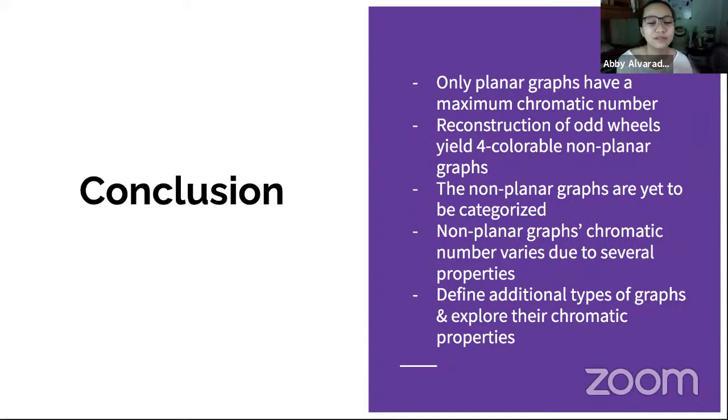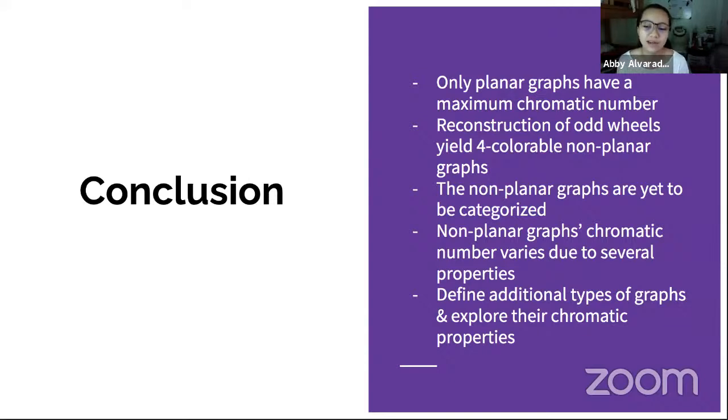What I do is I have to check also using the second theorem on planarity. So what would surely yield a four-colorable non-planar graph is the reconstruction of odd wheels. And the new odd wheels reconstructed are still yet to be categorized.